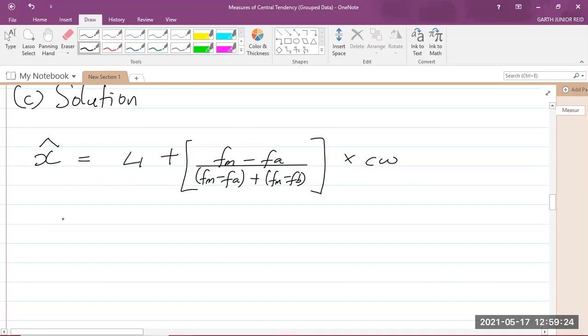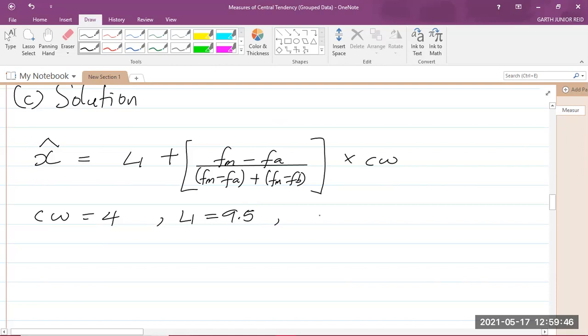Remember that we had already calculated the class width to be 4, and L1 is equal to 9.5, the lower class boundary for the modal class.